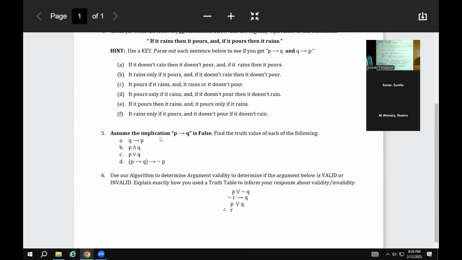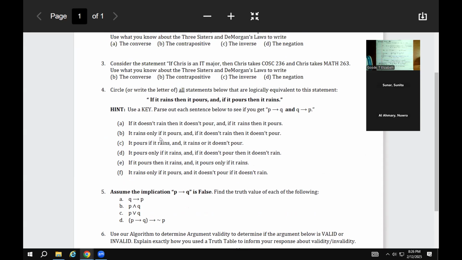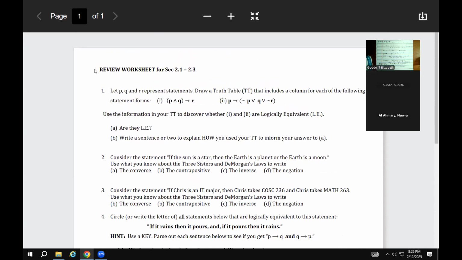So you can check those. I encourage you to work through those as practice problems. This is the review worksheet in the Measure 2 Materials folder.